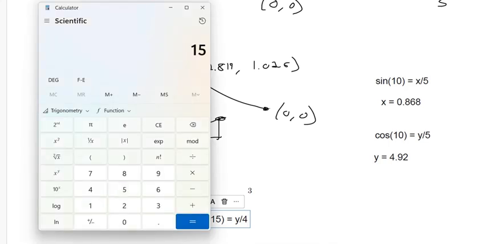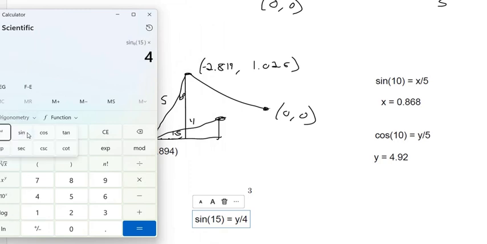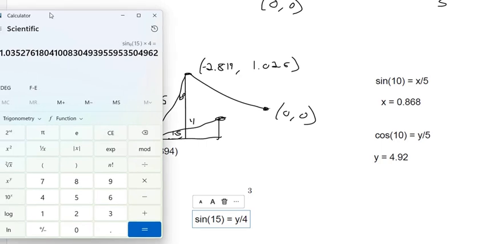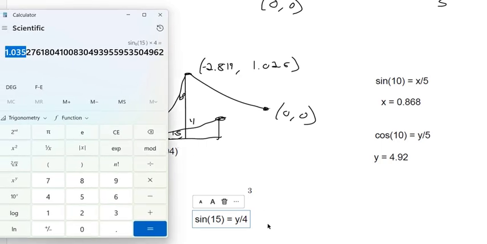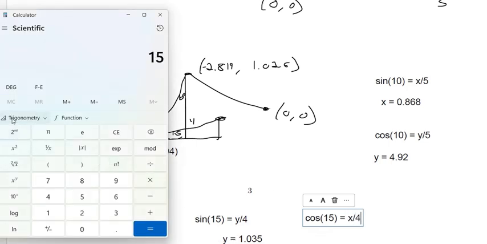So sine 15 times 4 is 1.035. So y is 1.035, and then the x distance on this triangle would be the adjacent. So cosine 15 equals the adjacent divided by hypotenuse. So cosine 15 times 4. So the change in the x distance is 3.864.